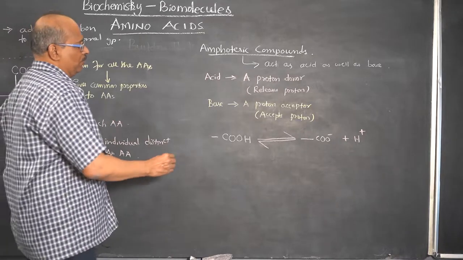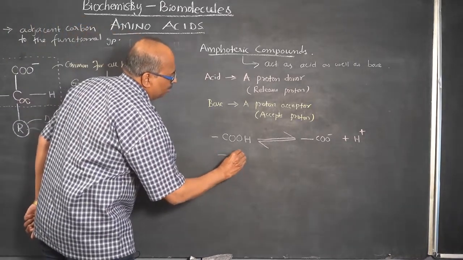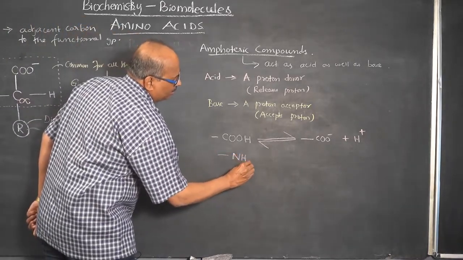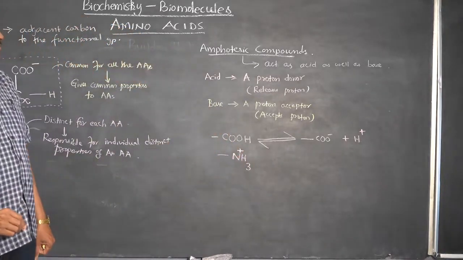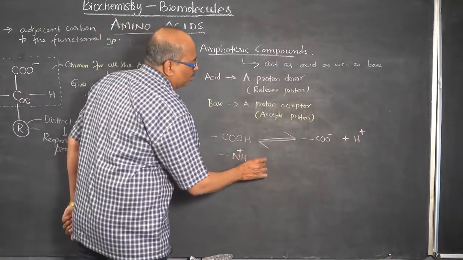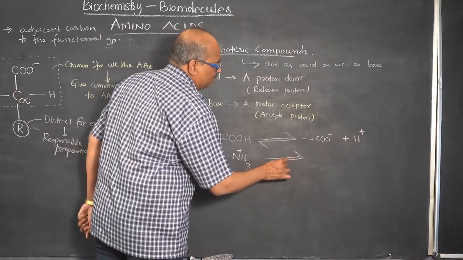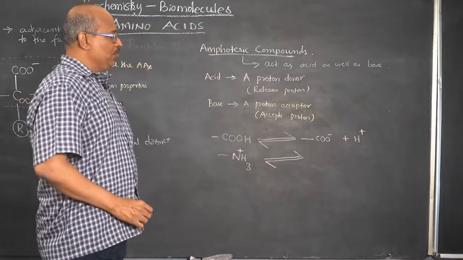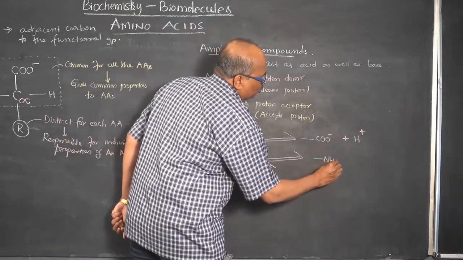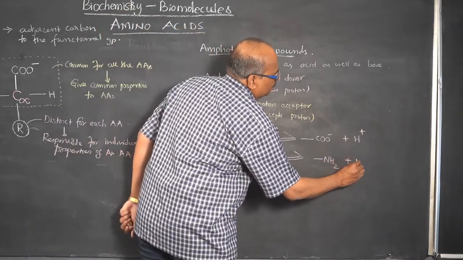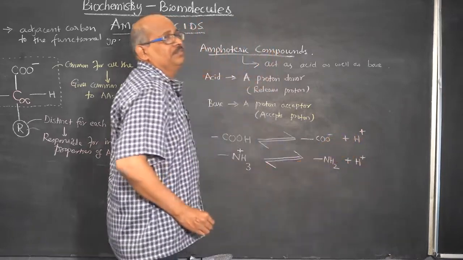The second group that we can find is the NH3 plus group. It can also undergo the dissociation and can give rise to the amino group, which is NH2 here, plus releasing the proton.